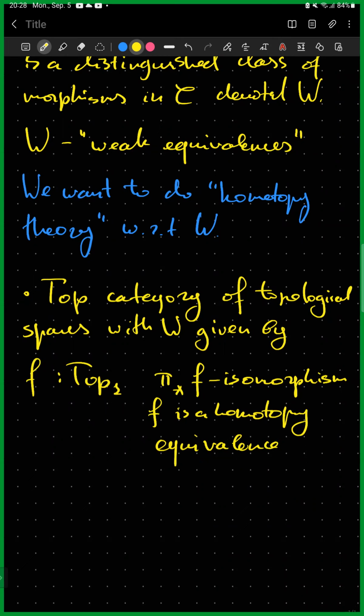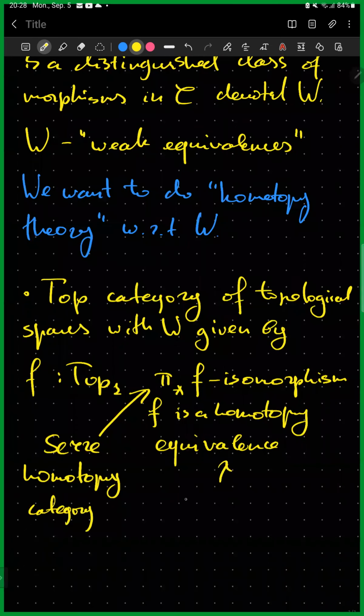So this first one gives us the Serre homotopy category, and this one gives us the Hurewicz homotopy category.